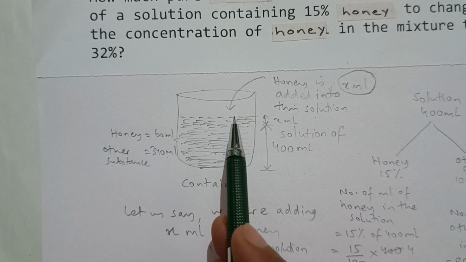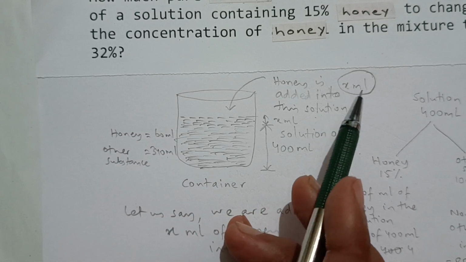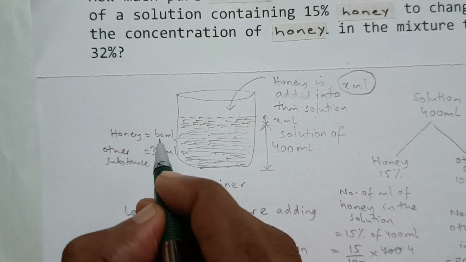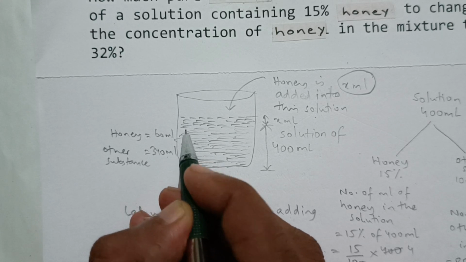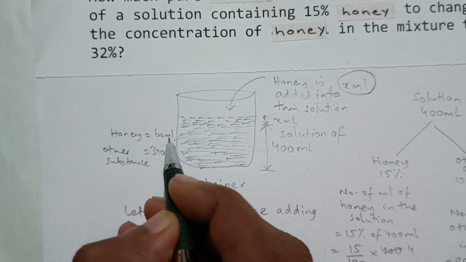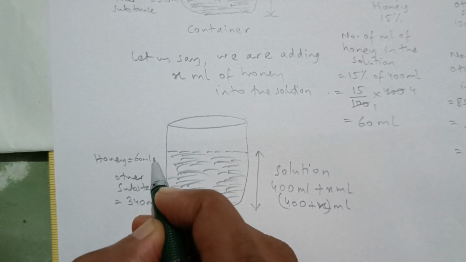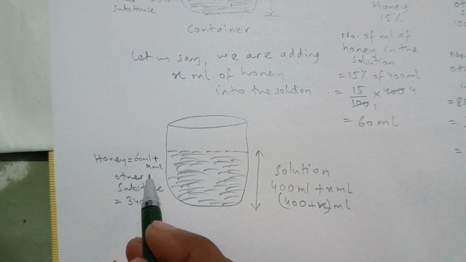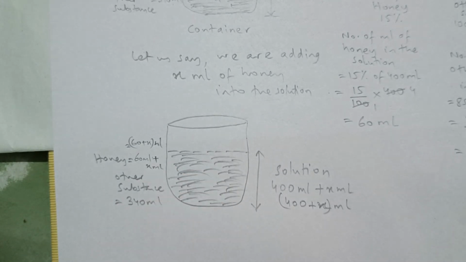Now we have added x milliliters of honey into the solution, so the honey content will become the original 60 milliliters plus the extra x milliliters which we have just added. So 60 plus x milliliters.